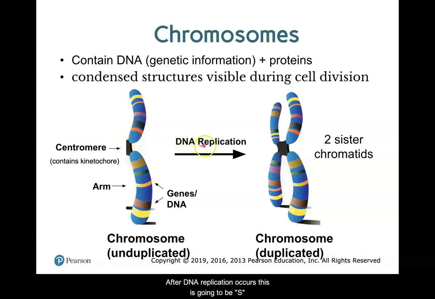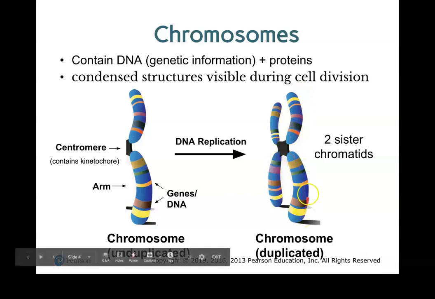After DNA replication occurs, this is going to be S phase of interphase, I now have the chromosome duplicated. I now have two sister chromatids. Over here on the left side is one sister chromatid. Over here on the right side is another sister chromatid.